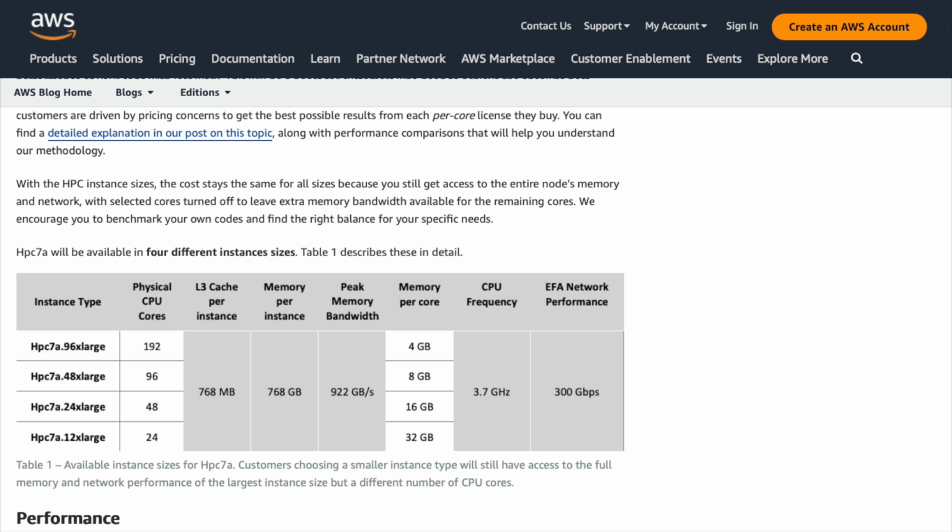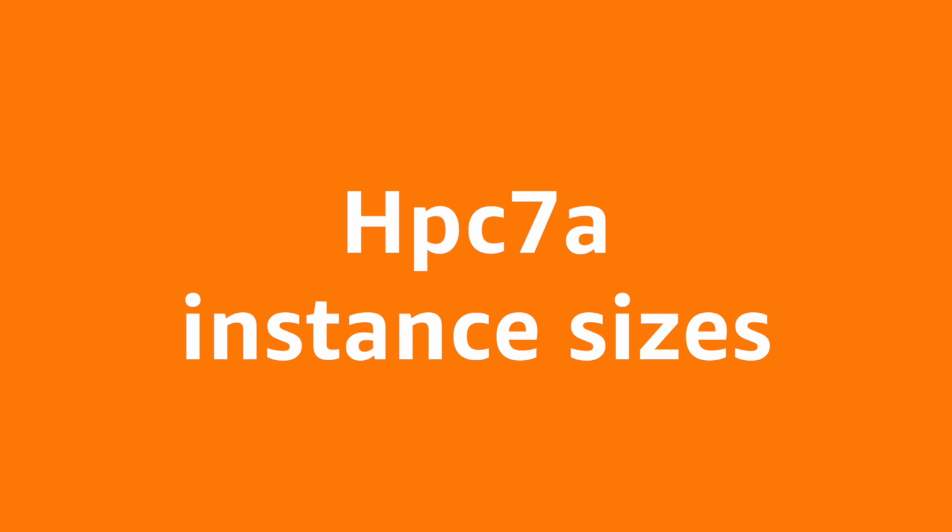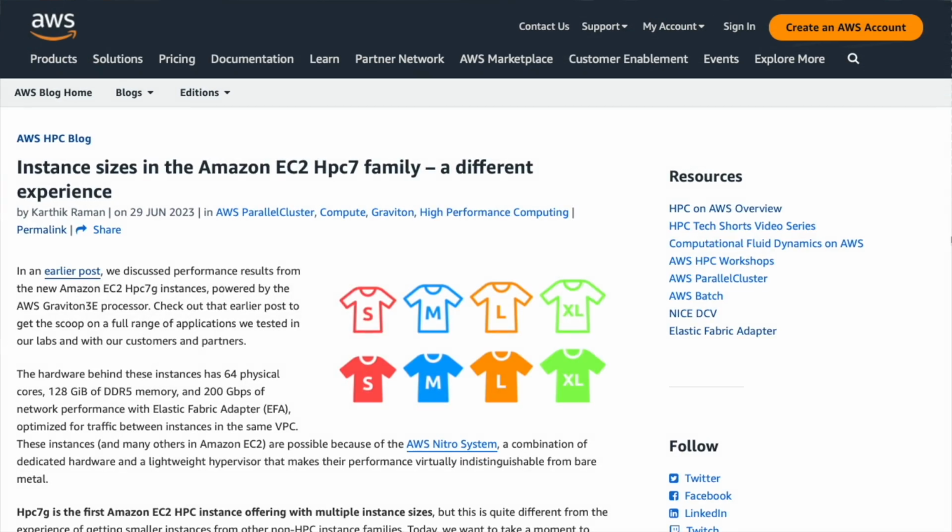It's not a complex explanation. When you choose the smaller instance size with the HPC 7th generation instance families, so Hpc7a, Hpc7g does this too, you're still getting the whole box.